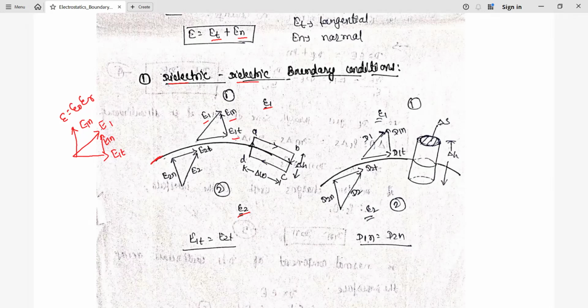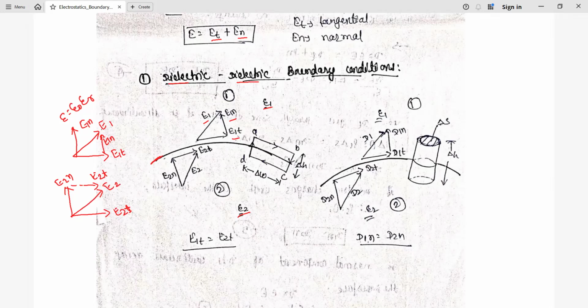Similarly, in case of medium 2, this is the electric field intensity in medium 2. Its normal component is E2n and tangential component is E2t. Again we have shifted this tangential component here to form the resultant vector.